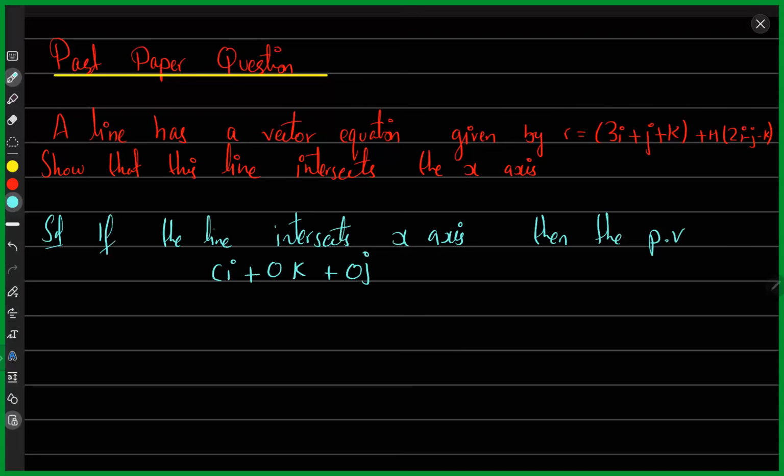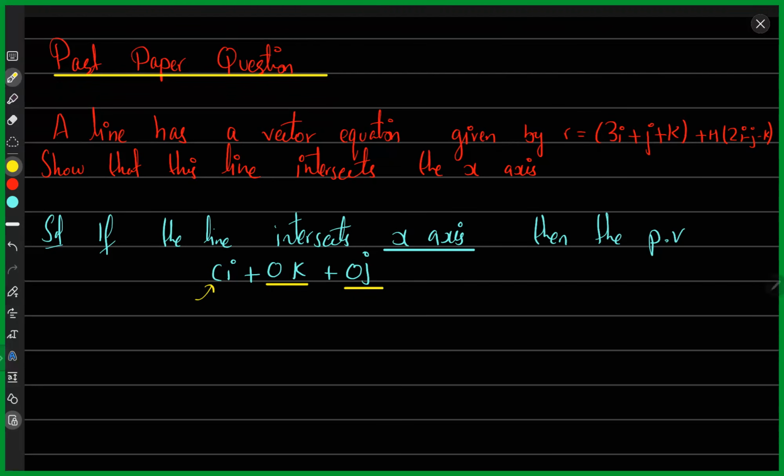Now, please pay attention. If the line is intersecting at the x-axis, this means the y component would be 0, the z component would be 0. We would only have the x component. What exactly would be the x component? We are not sure about it, okay? So I have just written that directly.